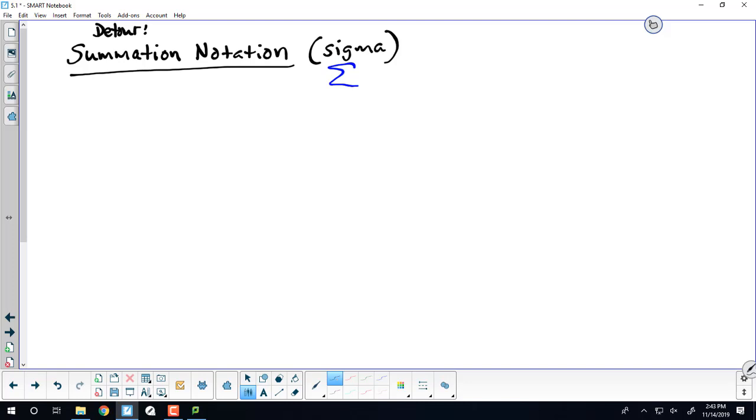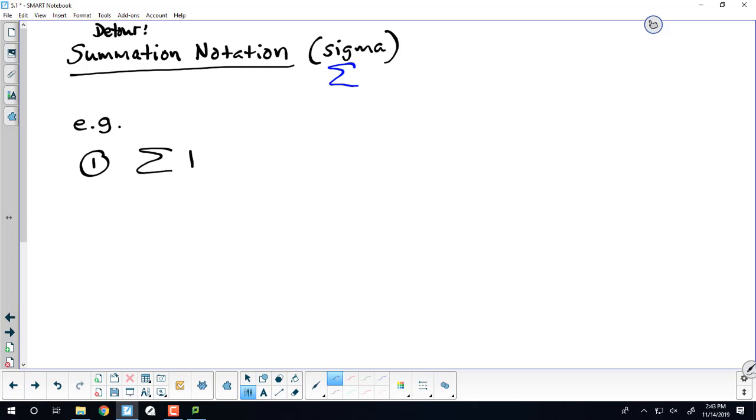And I guess we'll just look at an example instead of trying to explain the notation piece by piece. But the sigma just means to sum. The thing you have out in front of the sigma is the expression that you're plugging into to sum.